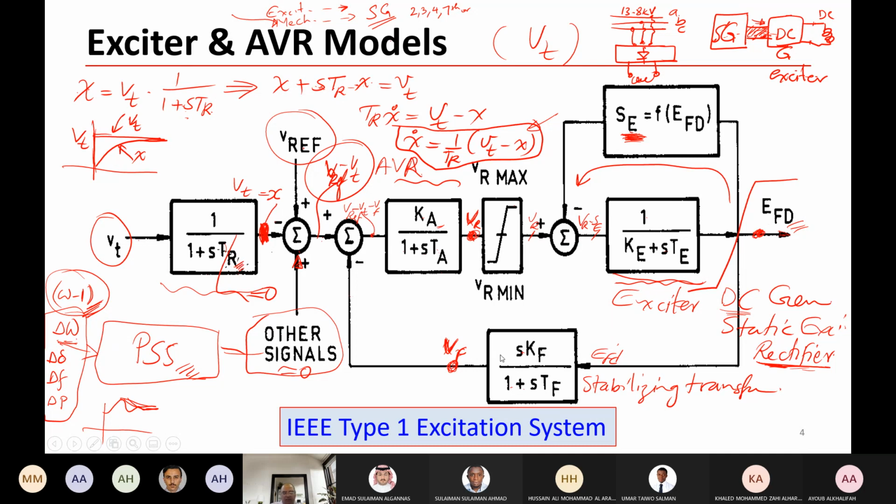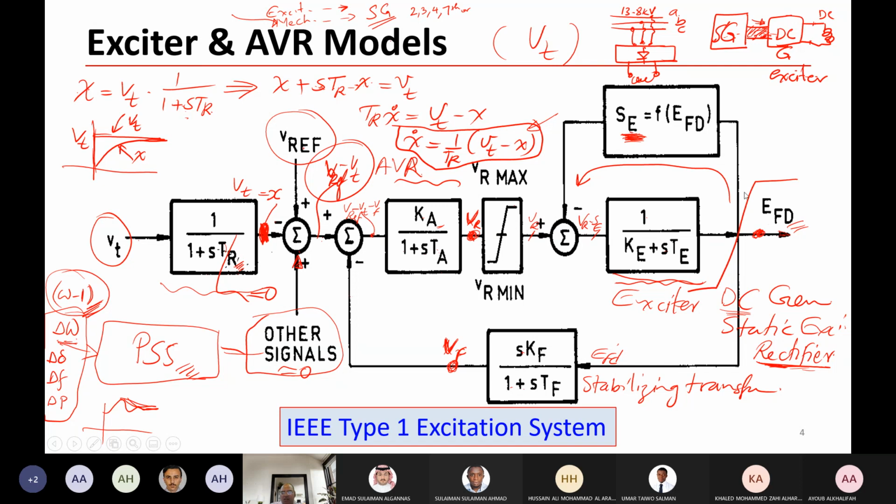So this is the general model of the excitation system. You have here some filter or measuring device, and usually we take TR equal to 0. So we have the terminal voltage, V reference, and the error between them. The automatic voltage regulator will keep Vt equal to V reference through the adjustment of the field voltage and the field current.